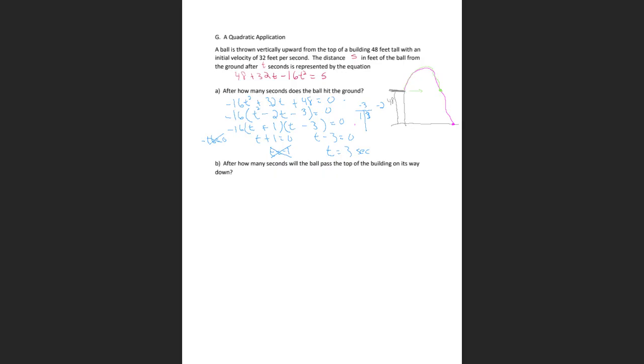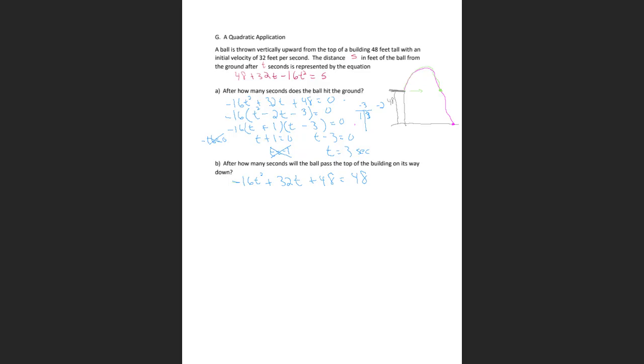So that's all we have to do, is be able to apply that. Luckily, we don't have to write this formula again. I'm going to rewrite it the other way around: negative 16t squared plus 32t plus 48. And that's now going to equal 48, since we're talking about when it passes the building on its way down.